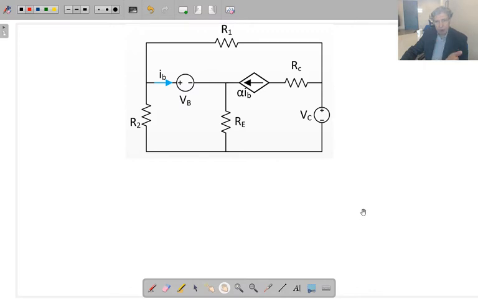So the first step is to write the Kirchhoff voltage law equations for these meshes. The second step is transfer all voltages to currents by using the definition relations if possible.